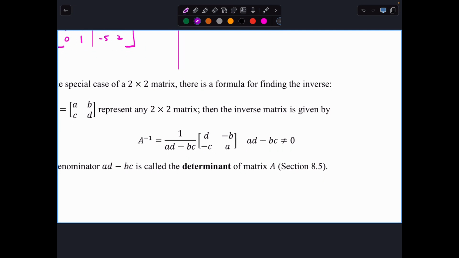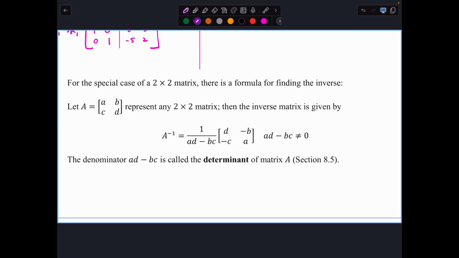So the determinant is just AD minus BC. So this is for a 2x2. Now there are determinants that can be calculated, and there is a formula for a 3x3, and for a 4x4, but knowing those is just kind of crazy to memorize.